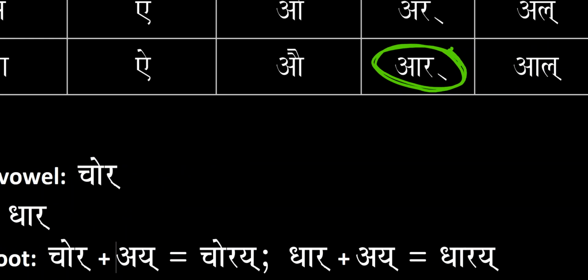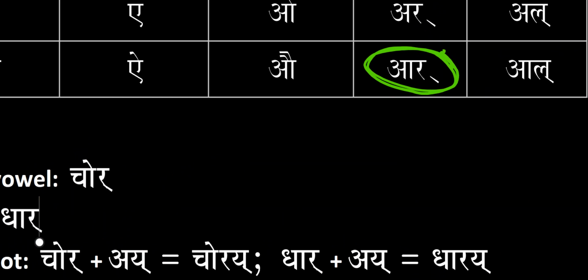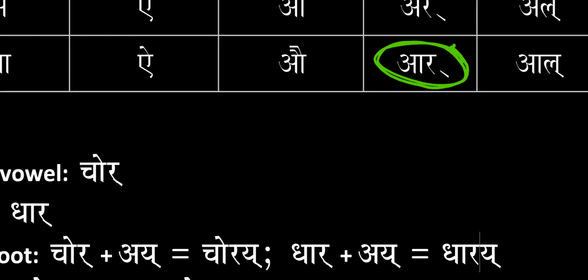Same thing for dhar plus i gives us dharai. If we weren't adding this then it would be dharya, and there would be a halant here. But remember, the halants in the new verbal bases are removed because it's fulfilled by this vowel over here.